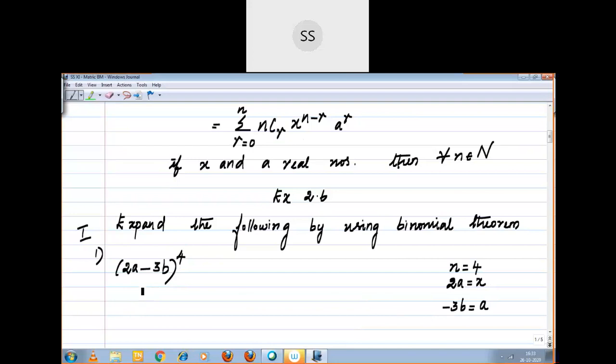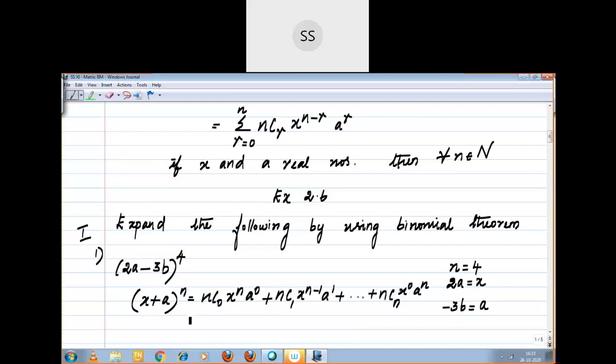After that you should solve the problem. (x plus a) the whole power n equals nC0 x power n a power 0, nC1 x power n minus 1 a power 1, plus etcetera, plus nCn x power 0 a power n.